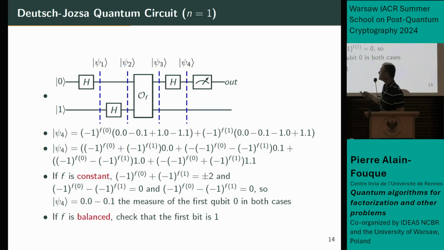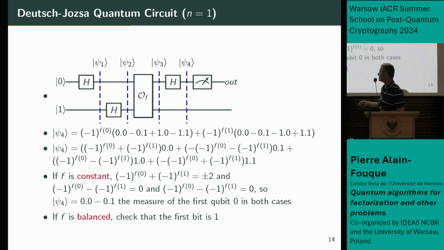Okay, that means that if you measure the first qubit, and if it is 0, that means that it comes from either this one, 00, or that one, so you will get 0. Okay, so if f is constant, the first qubit will be 0, automatically.